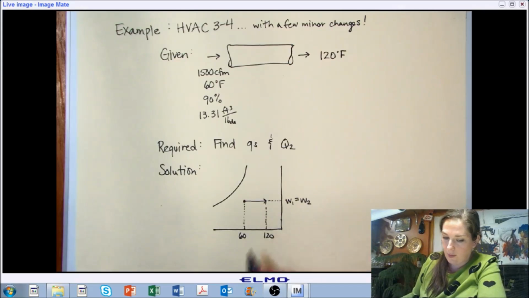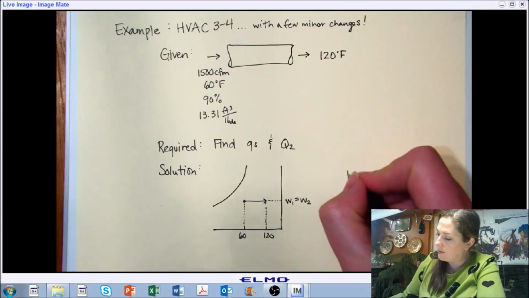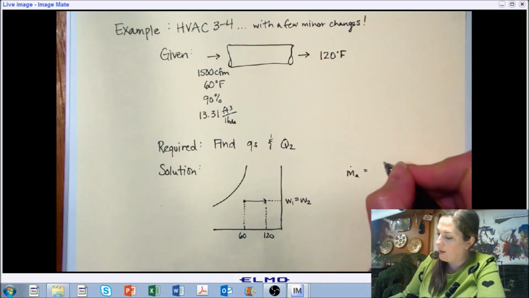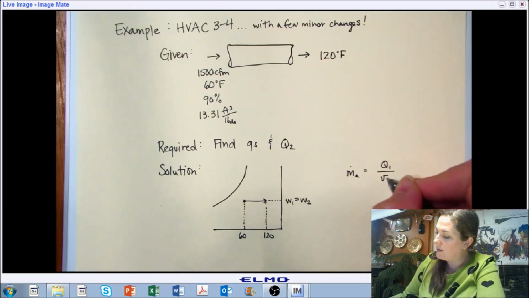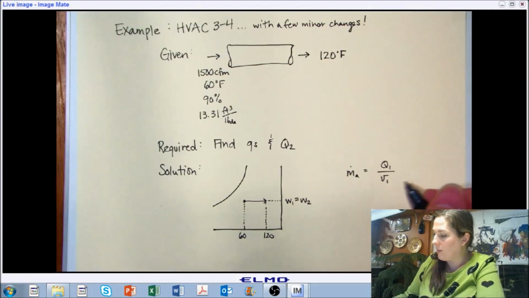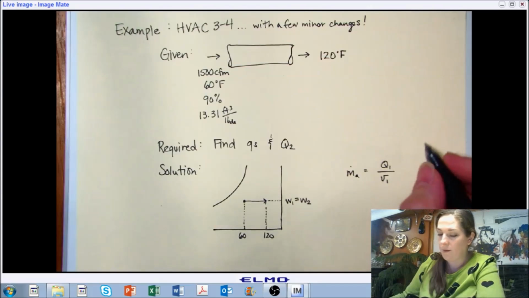The next thing we want to do is solve for our mass of air. The mass of air we're working with is equal to the volumetric flow rate divided by the specific volume of our air, which is the inverse of our density.